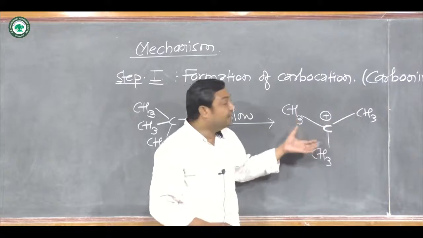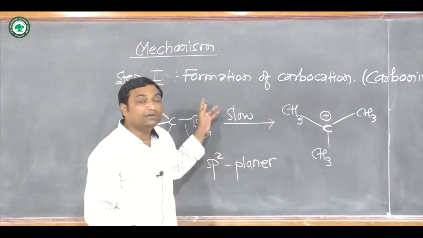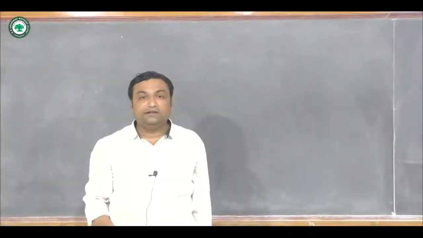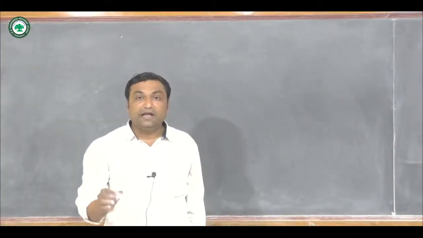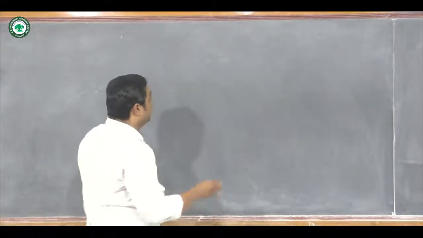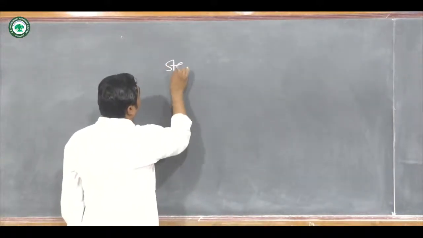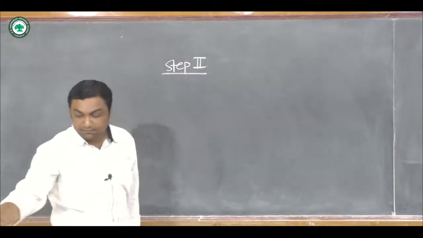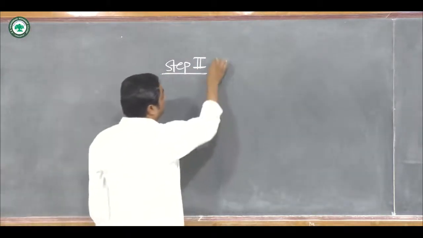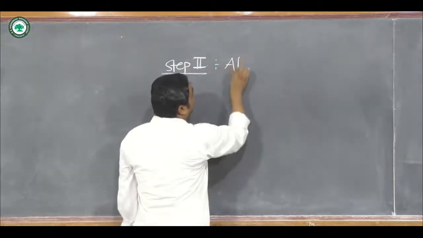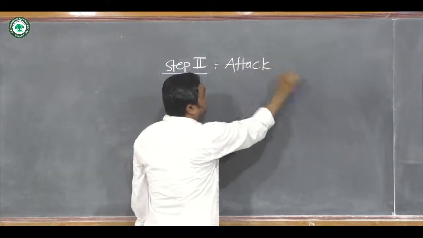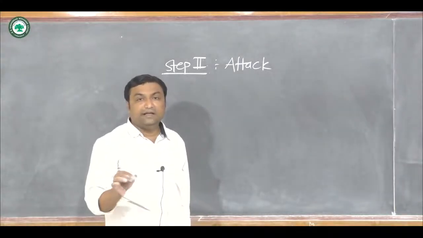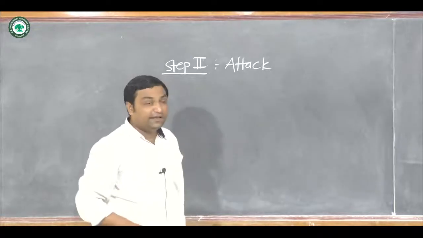Now, to understand this, we move towards our second step. This second step is nothing but the attack of a nucleophile. And we know that OH negative is used as a nucleophile in this example.